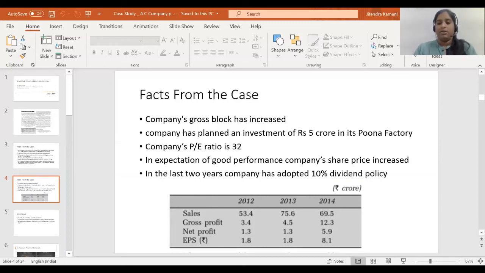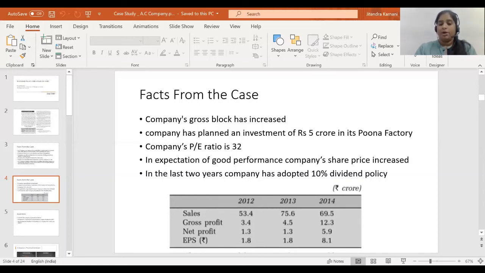Further moving ahead with the facts from the case, in expectation of good performance from the company, share prices have increased from 190 to 285, and the company is also adopting a stable dividend policy.